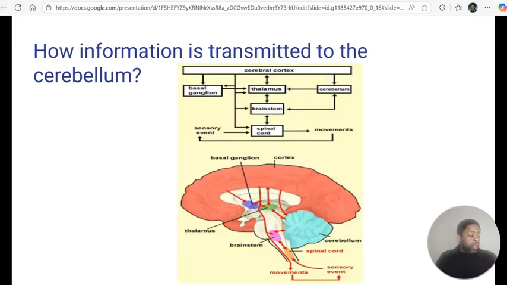All right. The interesting thing about the cerebellum is that it is involved in something that's called feed forward. Now, what that means is that it is considered a feed forward controller. So what that essentially is, is that the cerebellum utilizes information from memory of the outcome of prior movements to predict the outcome of future movements.